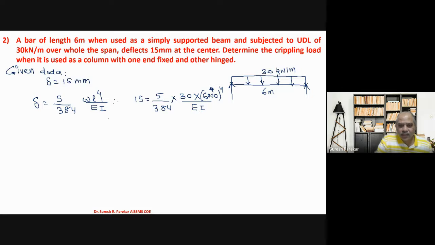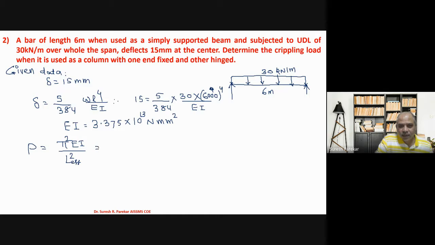And if you solve this, you will get the value of EI equal to 3.375 into 10 raised to 13 newton millimeter square. Now knowing the value of EI, we can find P equal to pi square EI upon L effective square.